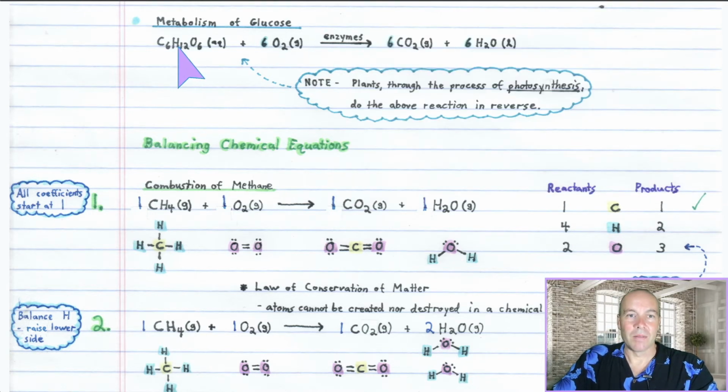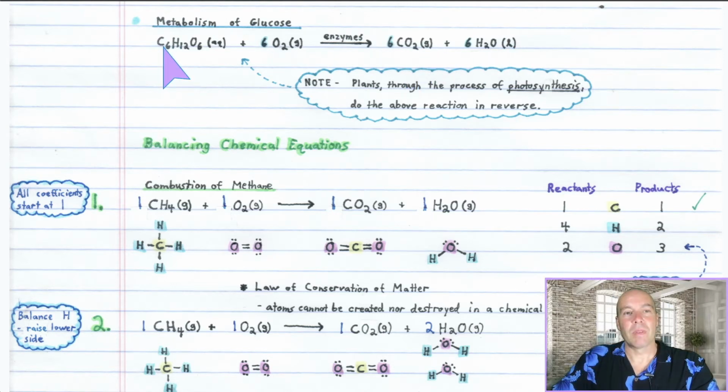So the way your body uses glucose is through the following chemical reaction. Glucose, when it's dissolved in the cell, is in the aqueous phase, and glucose reacts with oxygen gas. Okay, oxygen in the cell. And these 2 chemicals, with the help of certain enzymes, convert into carbon dioxide and water.